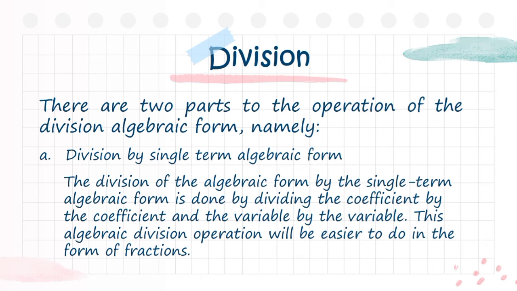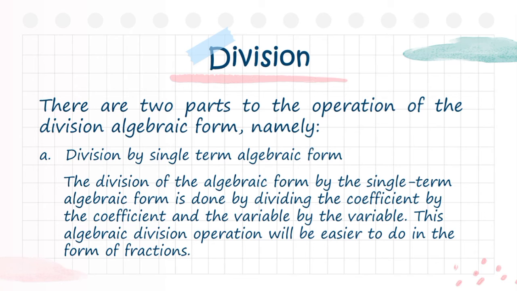The division of the algebraic form by the single term algebraic form is done by dividing the coefficient by the coefficient and the variable by the variable.